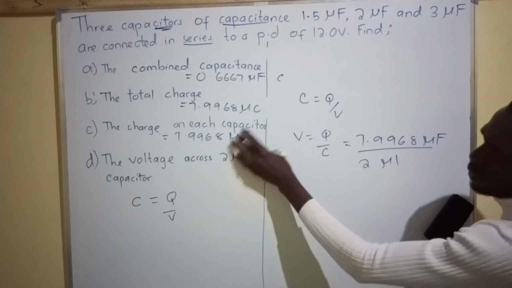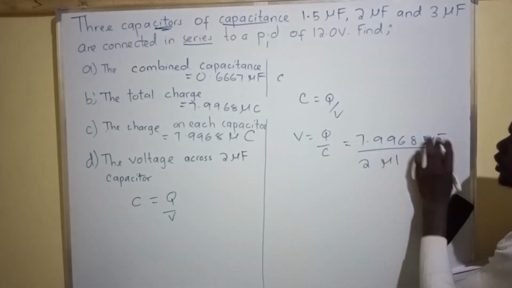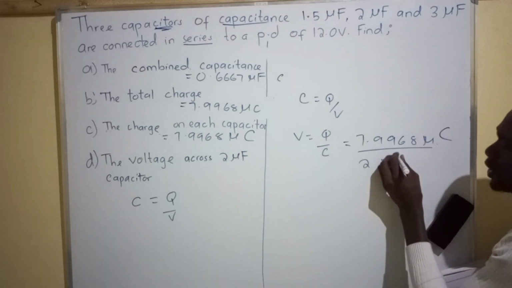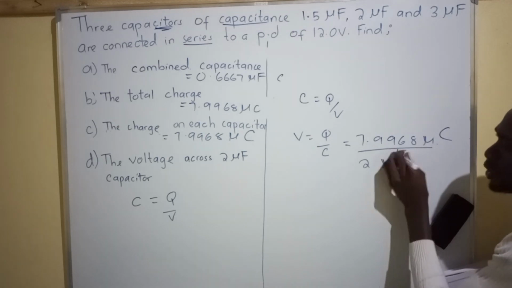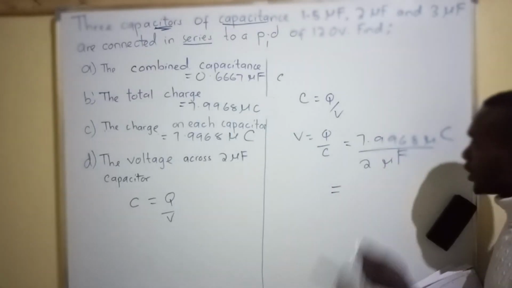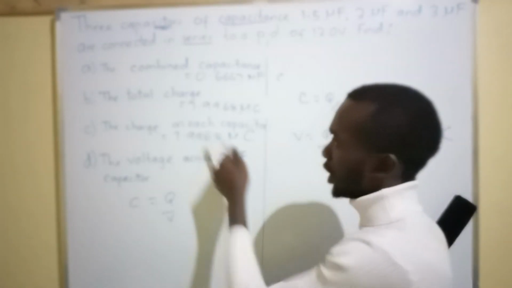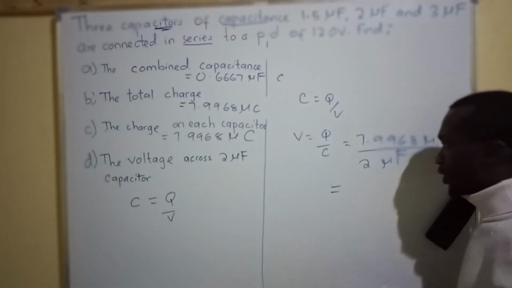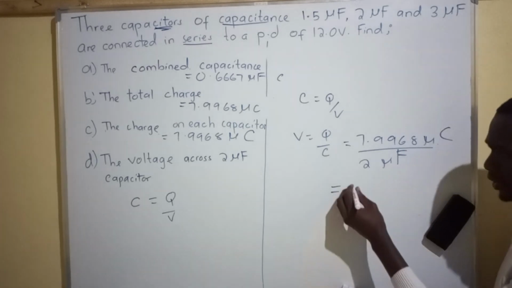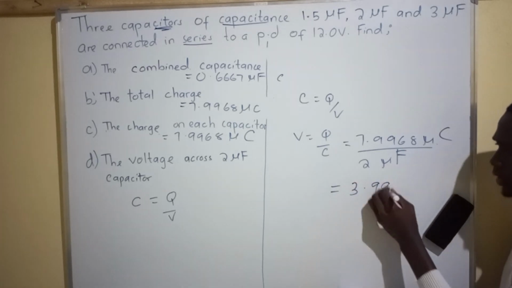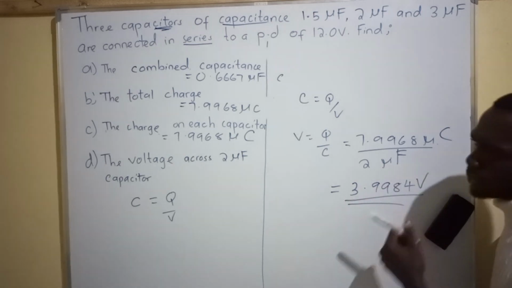This was a correction: the charge is in microcoulombs and the capacitance is in microfarads. So your answer will be 3.9984 volts. This is the potential difference, the voltage.